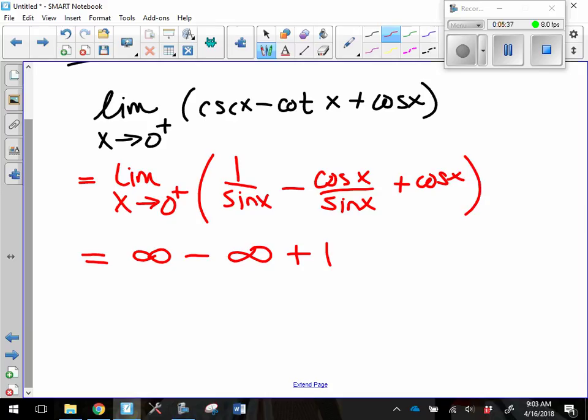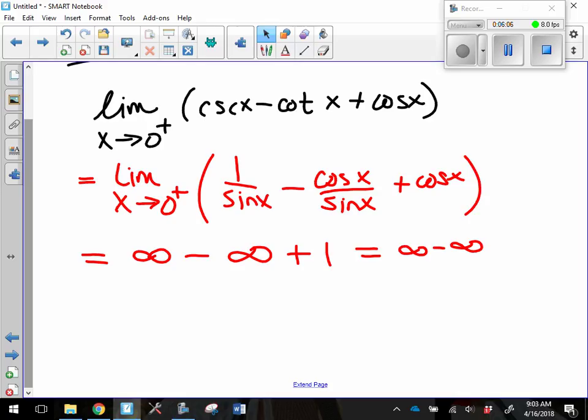So, do I have an indeterminate form here? Yeah. What is my indeterminate form? Yeah, infinity minus infinity. Now, things can go to infinity in very different ways. So you can't just say, oh, well, it'll be 0, because not everything goes to infinity at the same rate. Okay? So we have an indeterminate form.